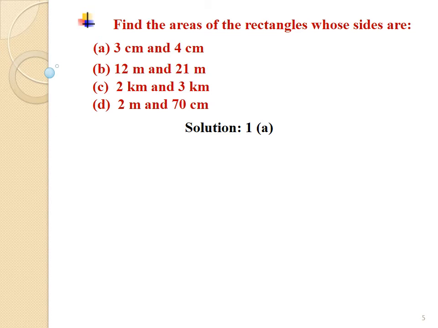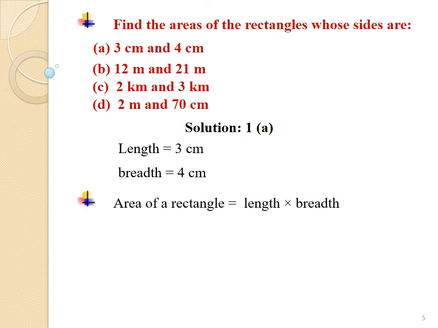Length is given 3 centimeters. Breadth is given 4 centimeters. Thus, area of a rectangle equals length multiplied by breadth equals 3 multiplied by 4.